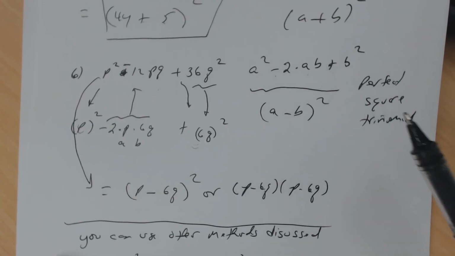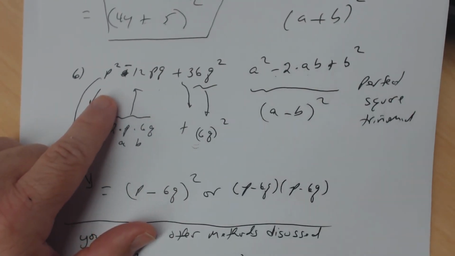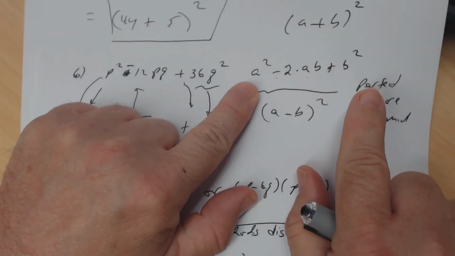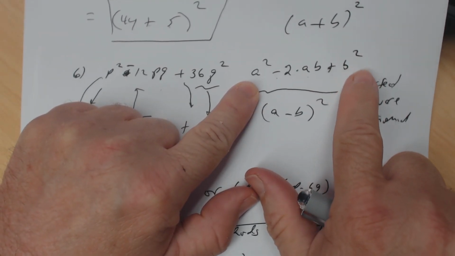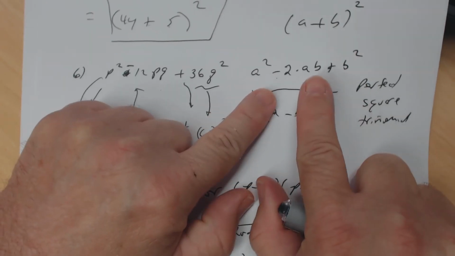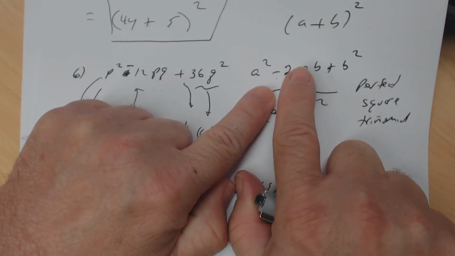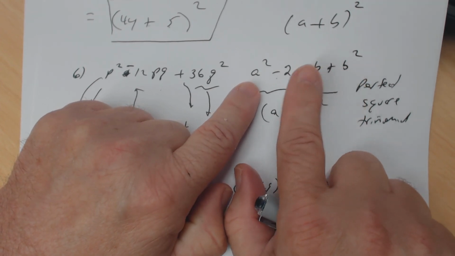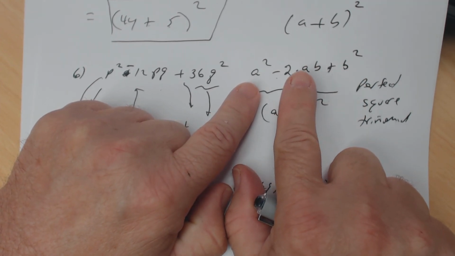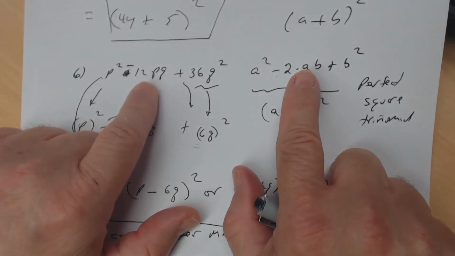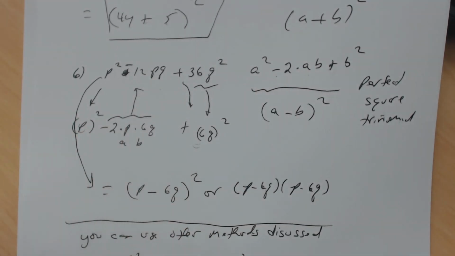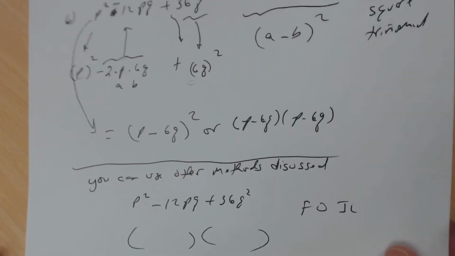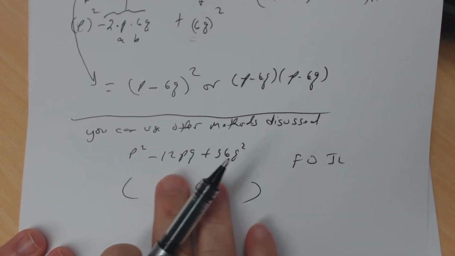All right, so it's called a perfect square trinomial because I can write the first term as something squared. I can write the last term as something squared, and the middle term will either be a plus or minus twice ab. So I can take ab, multiply by 2, either a negative or positive 2, and I get the middle term. Then this is a perfect square trinomial. Okay? All right, but it is quicker.